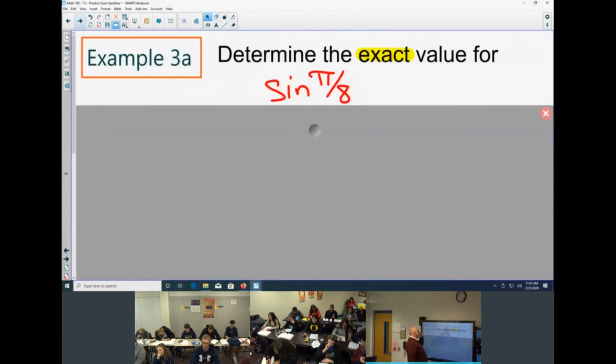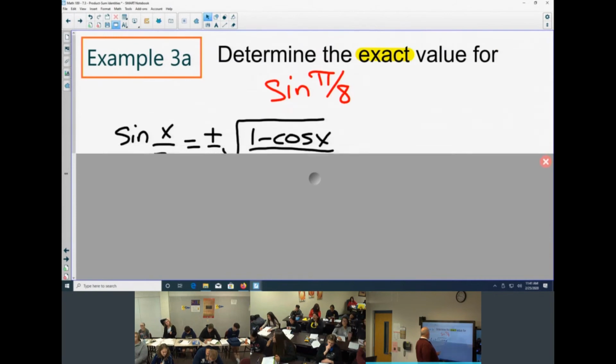All right. So let's say I wanted the exact value for the sine of pi eighths. Now, first of all, that's not on the unit circle. But when you see the word exact in there, that means you're not using your calculator, unless you want to use it to check. But it's not going to give you the exact value.